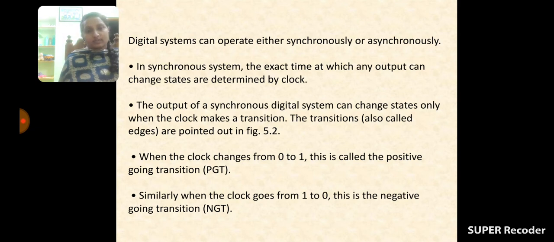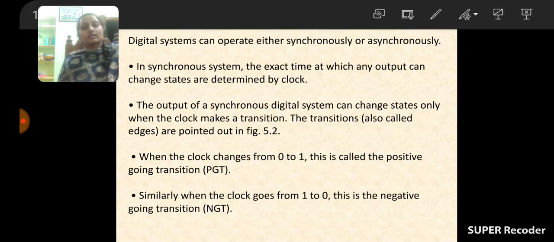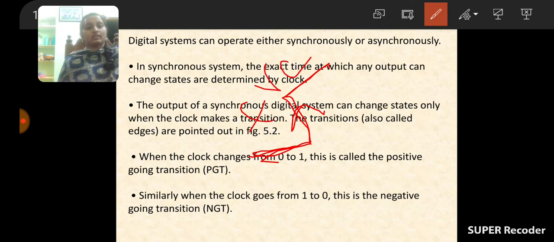of clock pulse only. Okay, when the clock changes from 0 to 1, this is called positive going transition. What is meant by positive going transition? If the clock is changed from 0 to 1, this is called positive going transition.